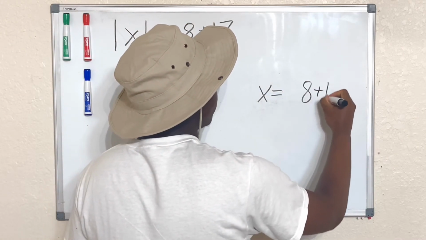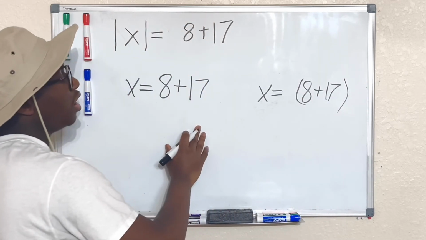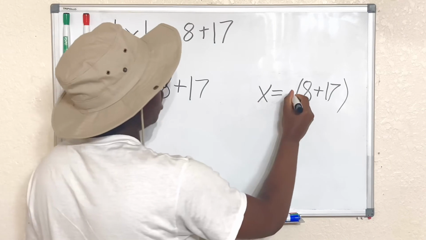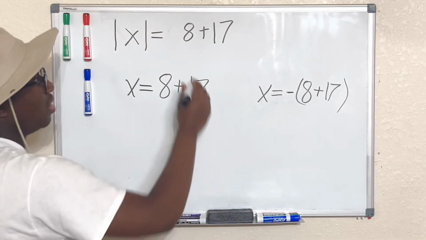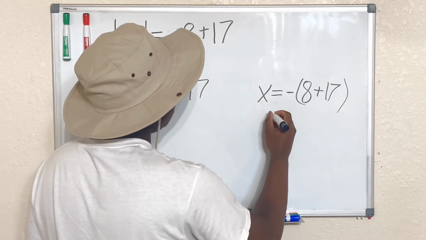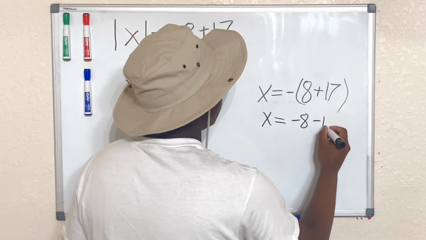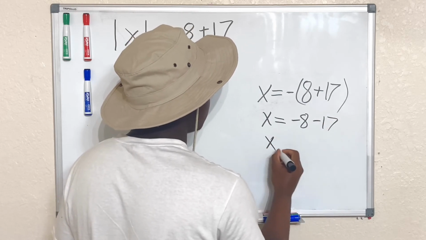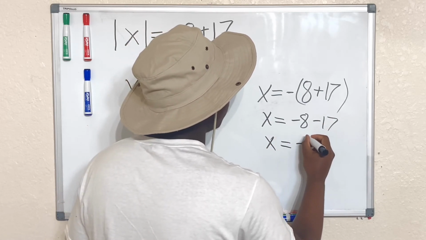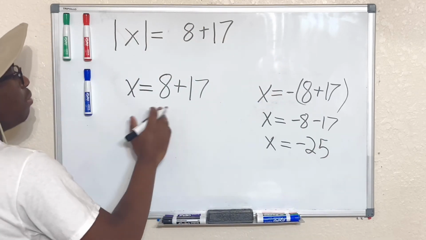But remember, everything on this side now has to be negative. So on your second and third equation, remember, it's okay now to put the negative right here, as long as it's not in your first equation. So this right here would be x is equal to negative 8 minus 17. That will give us x is equal to negative 25. Now on this side, we have 8 plus 17.